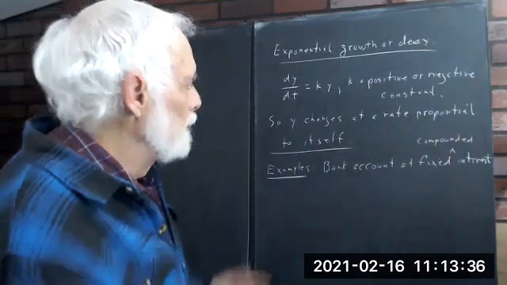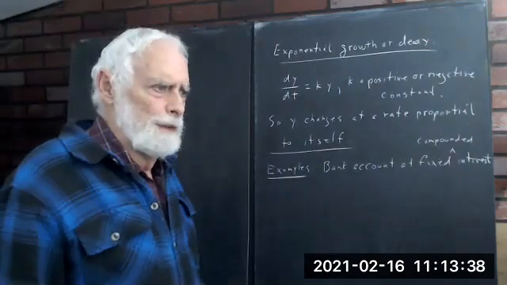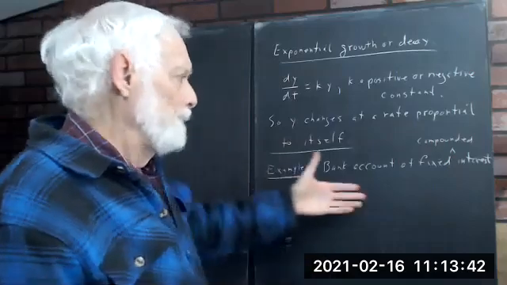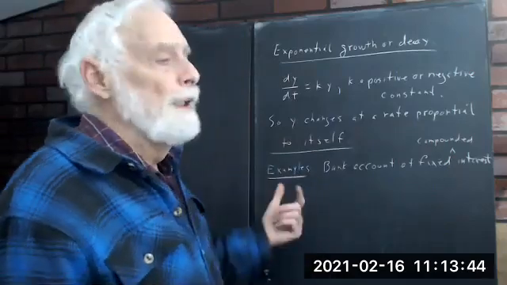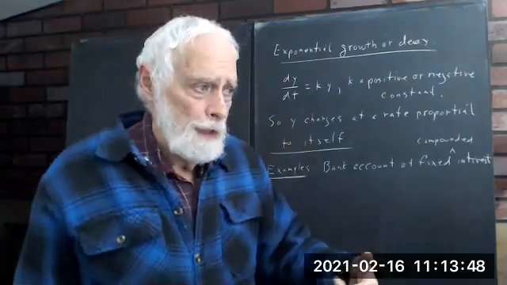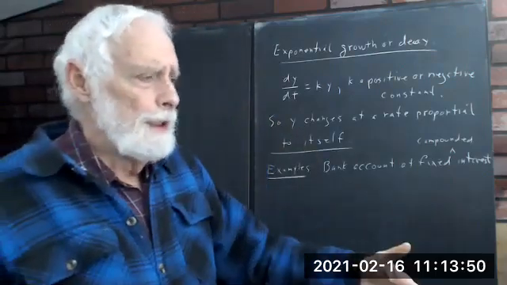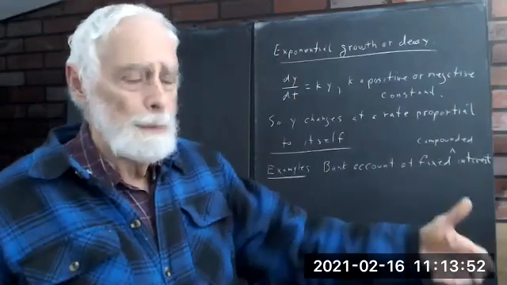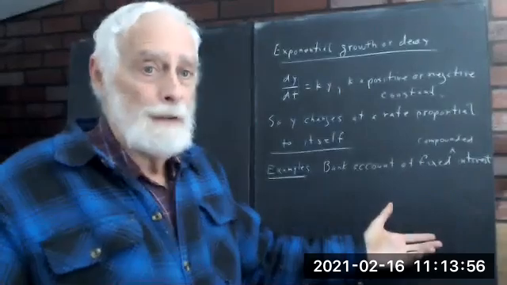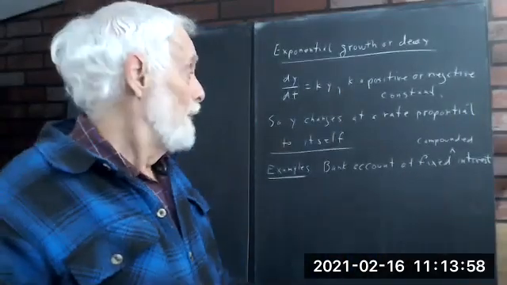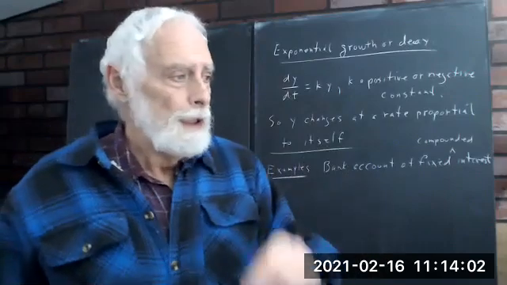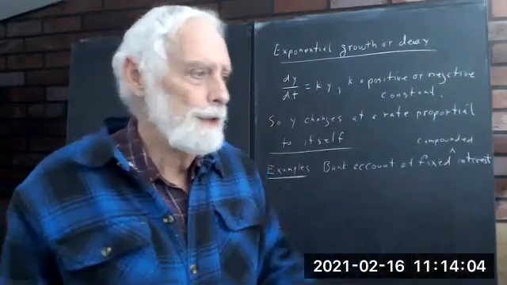There are situations where you could have an investment that just pays straight interest. But we're assuming it's compounded. If you're compounding your money, that means that the interest rate keeps applying to more and more money. So the more money you have, the more interest you're going to get. So that your money grows at a rate proportional to how much money you have in the account.